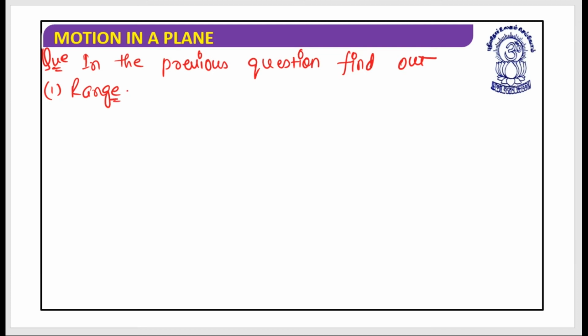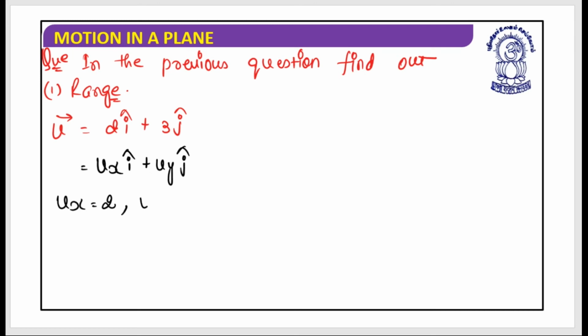So the data given is that u is equal to 2i cap plus 3j cap, and this can be written as ux i cap plus uy j cap. That means ux is 2 and uy is 3.